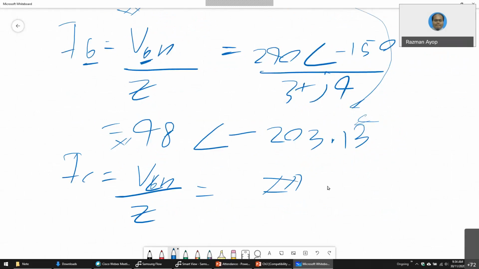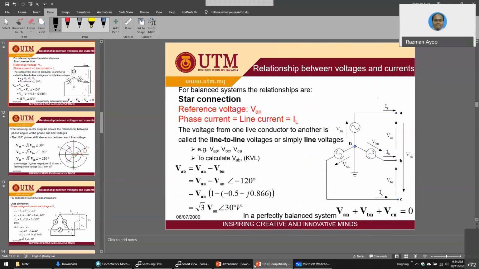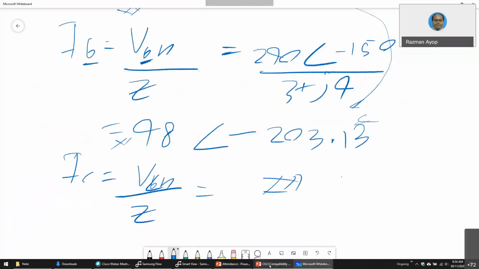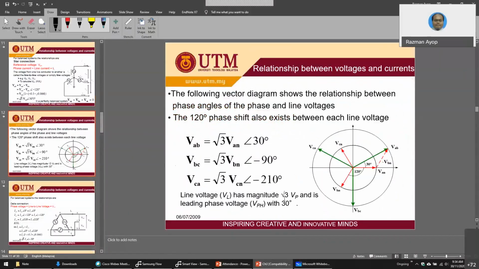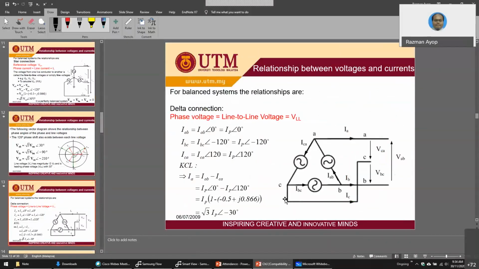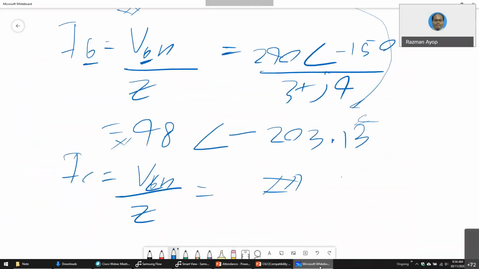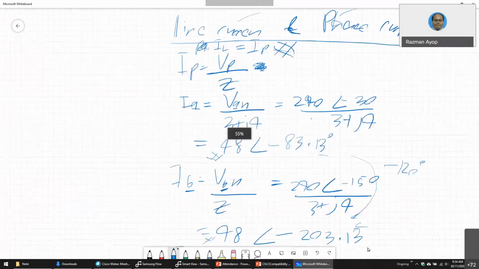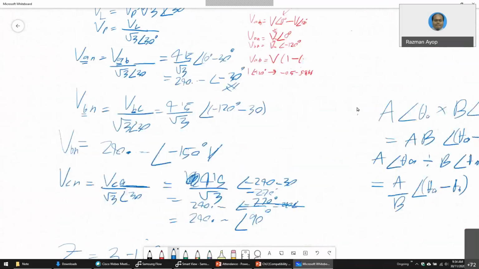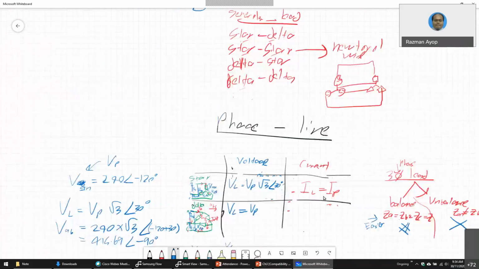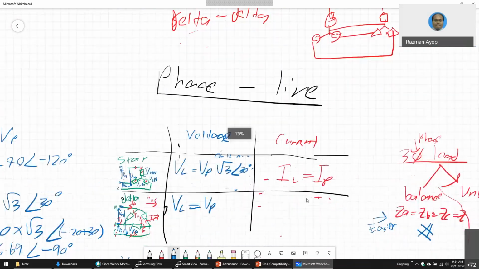That is how to solve the star connection. How about delta connection? What is the relationship?